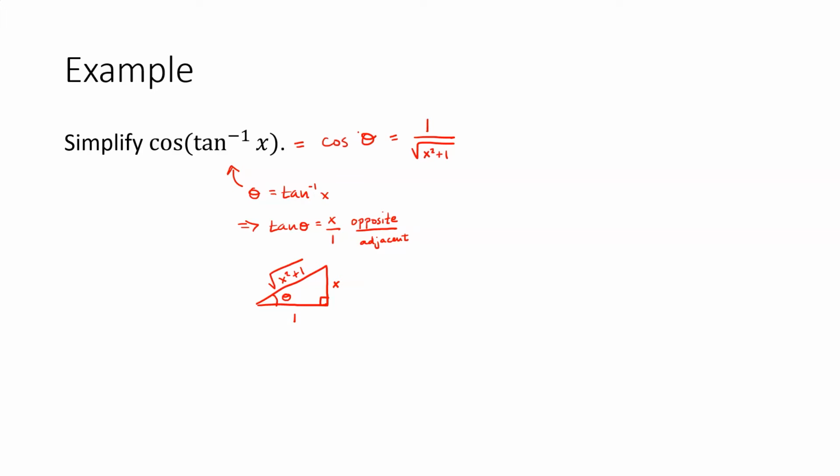Because we know that for cosine it's the adjacent over the hypotenuse. So here we have an algebraic expression for this function, cosine of tangent inverse of x.